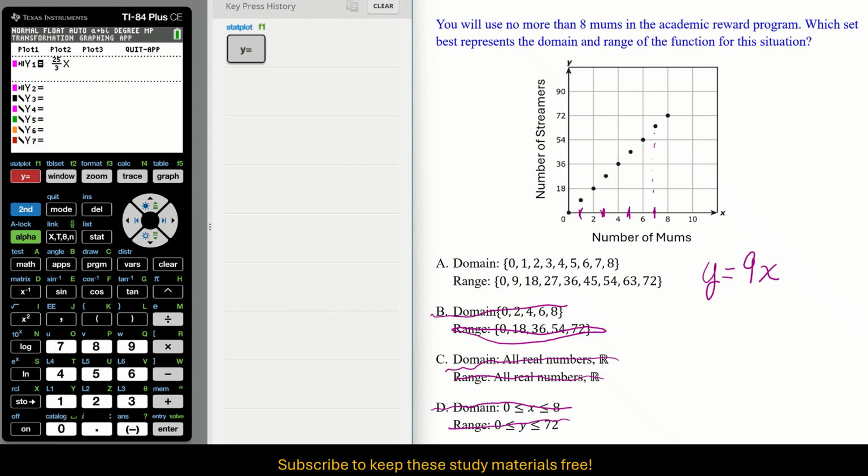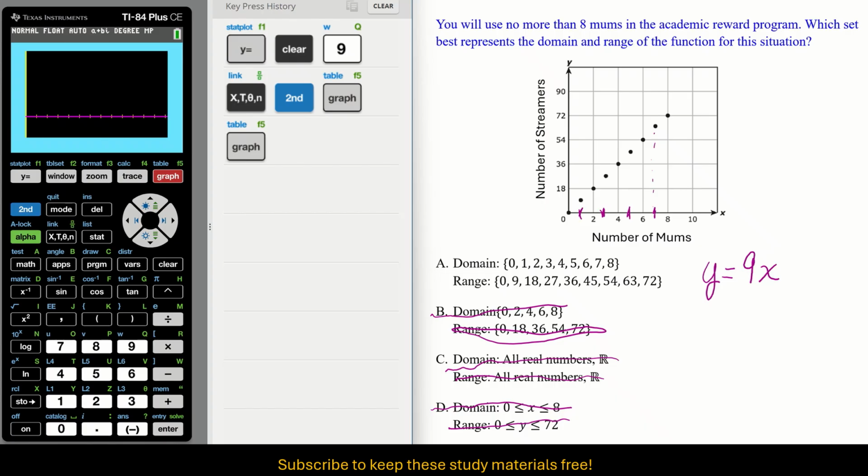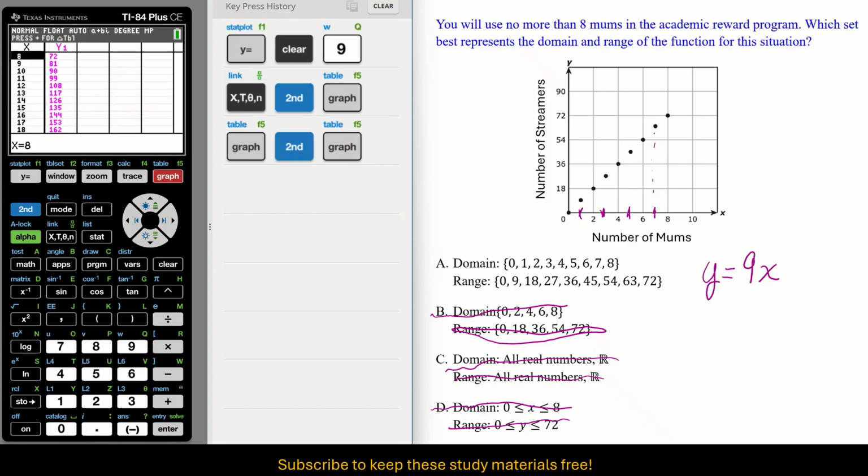So I just go to y equals, I am going to clear out everything that's there and say 9x, okay, and that should give me my graph, okay? All right, so I will go second graph, and now I have the table for that graph. Okay, we could look at the graph, but it's not going to do me any good. I'd have to go zoom, and quite frankly, it's a waste of time right now. But what I do have is everything from 0 to 12.